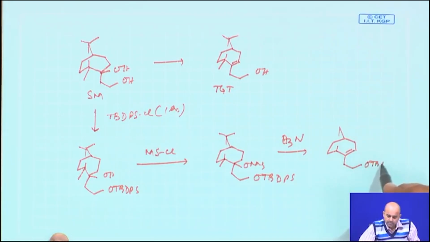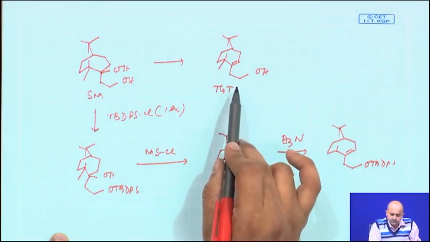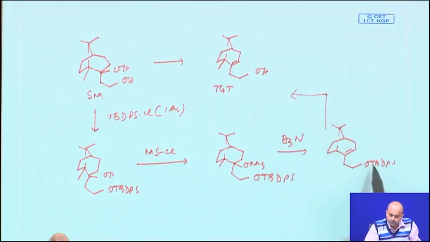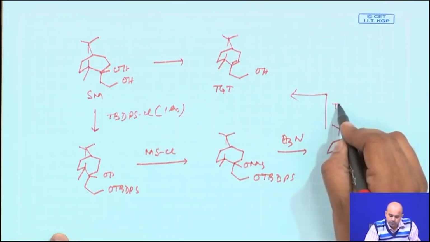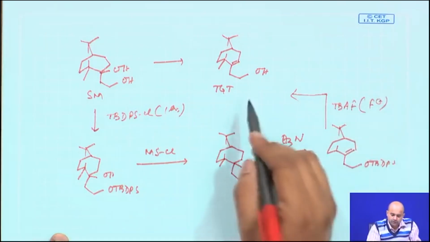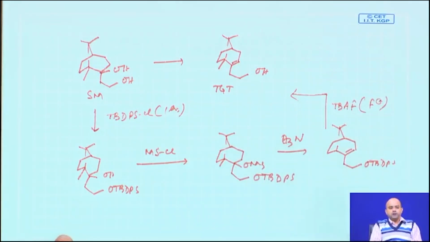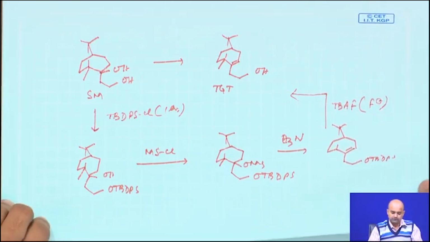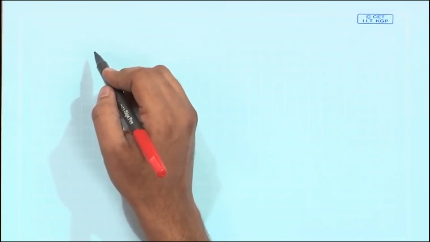Now, if you analyze this target, it is very close; the only thing is you need to remove this TBDPS, which you can easily do by treating with tetrabutylammonium fluoride, a nice fluoride source, and you get your target molecule. So, based on the structure of the desired product, you can efficiently design a pathway which will be very useful and valuable.